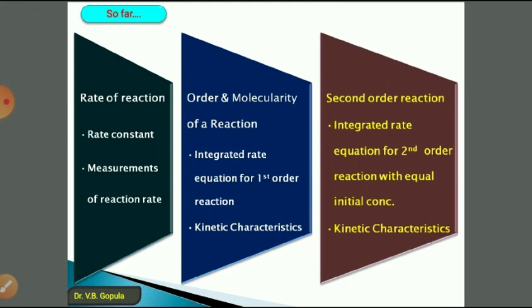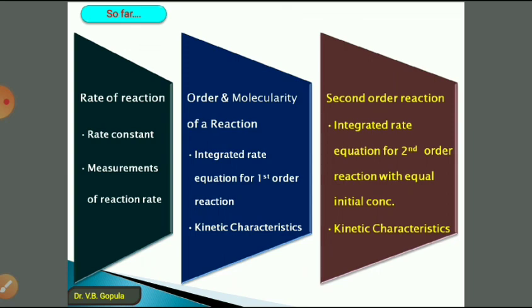So students, we have come to the end of this lecture number 3. If you recap all the things covered in the initial two lectures, we have seen the rate of reaction, rate constant, measurements of reaction rate, the order and molecularity of reaction, the integrated rate equation for first order reaction, and finally the kinetic characteristics of a first order reaction.